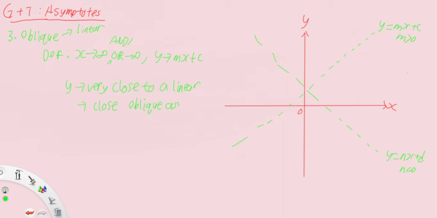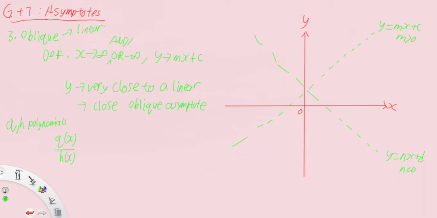Alright, so the examples that you see in the H2 Math syllabus that have an oblique asymptote are of the form of algebraic fractions, where let's say you have q(x) over h(x), where q and h are polynomials.